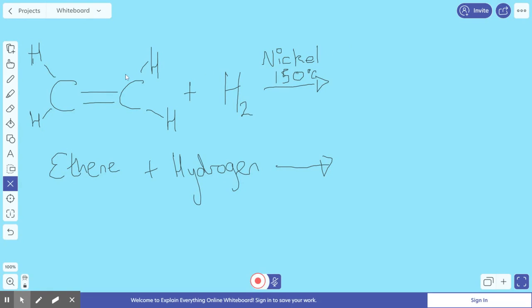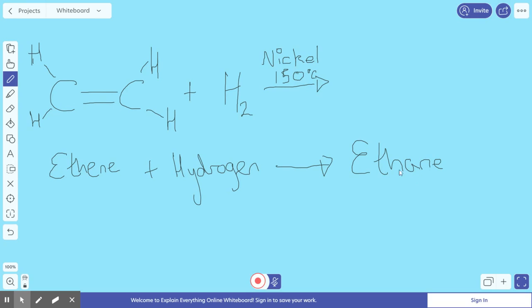This hydrogenation will turn our alkene, which is on the left-hand side over here, into an alkane. So we're going to saturate our alkene and turn it into an alkane. So our one singular product is going to be ethane, with an A-N-E.